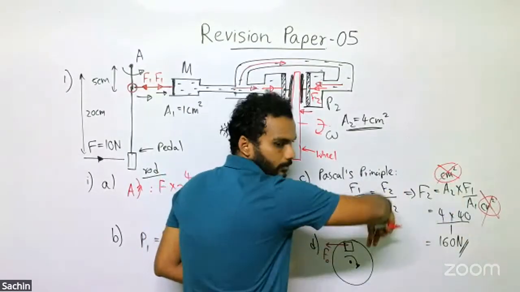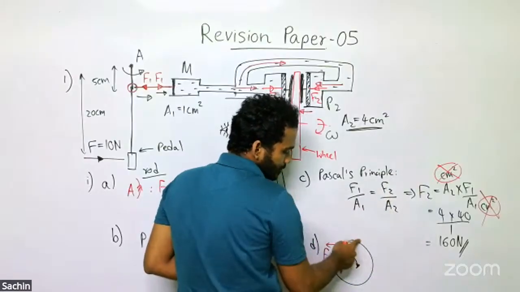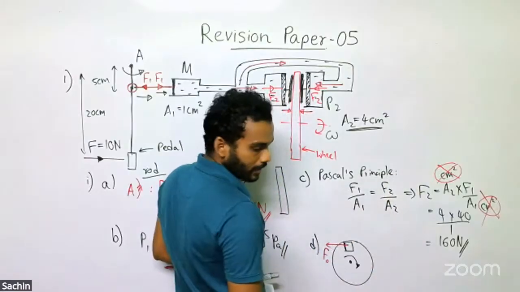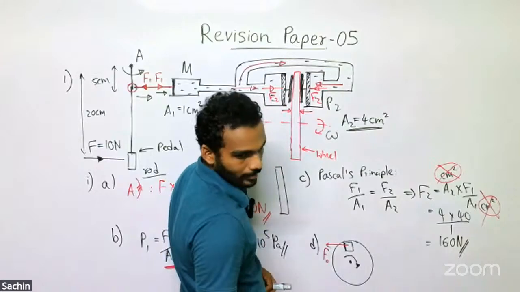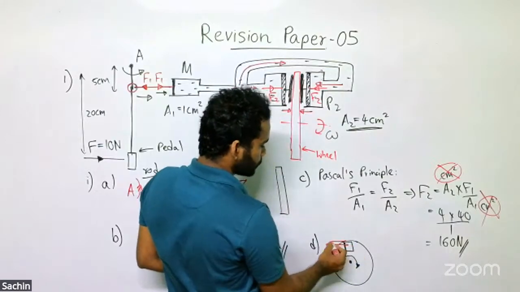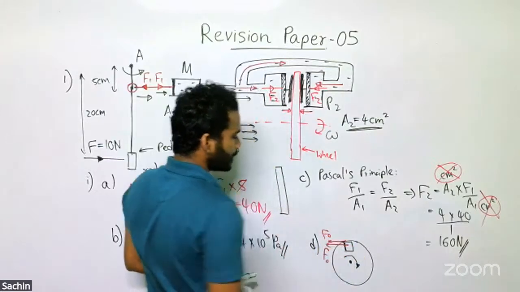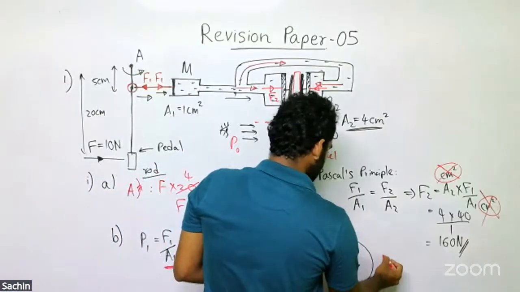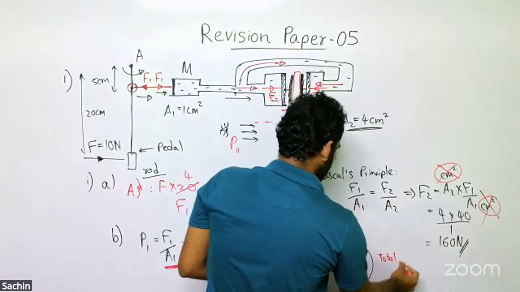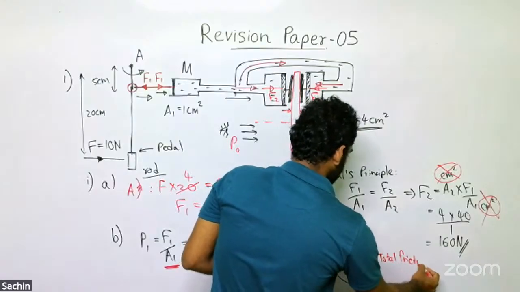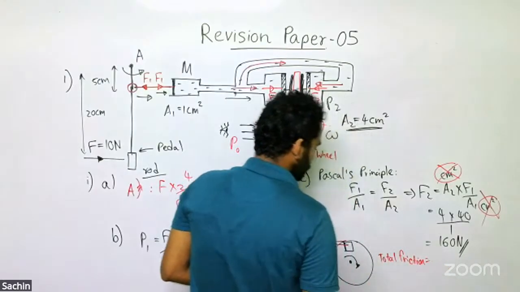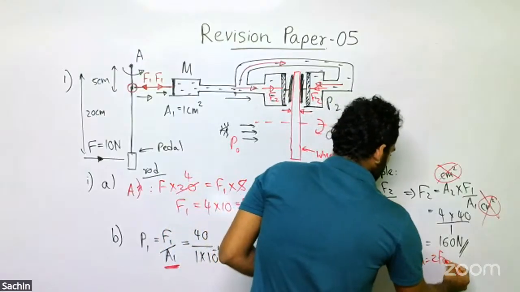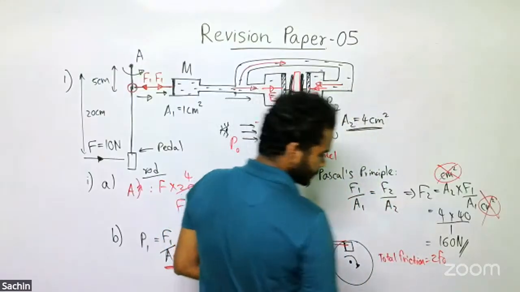If I see the same scenario from the other side, there will be another friction because there is also a brake pad. So there should be two such friction forces, and the total friction should be equal to 2 times F naught.